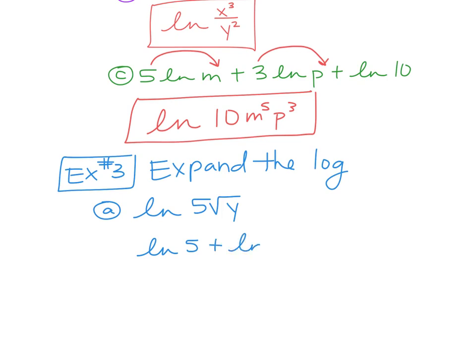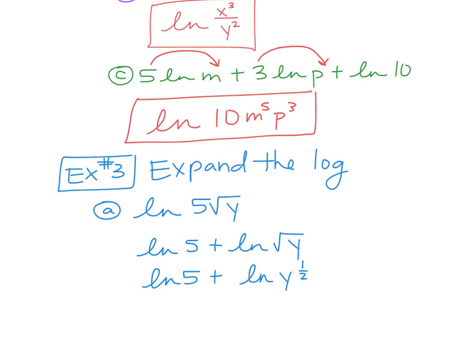So the natural log of the square root of y, okay? From here, what do you got to do with that square root of y? How can we rewrite that? Make it an exponent. Okay, so it's going to be natural log of 5 plus the natural log of y to the 1/2, right, is the same as the square root of y.